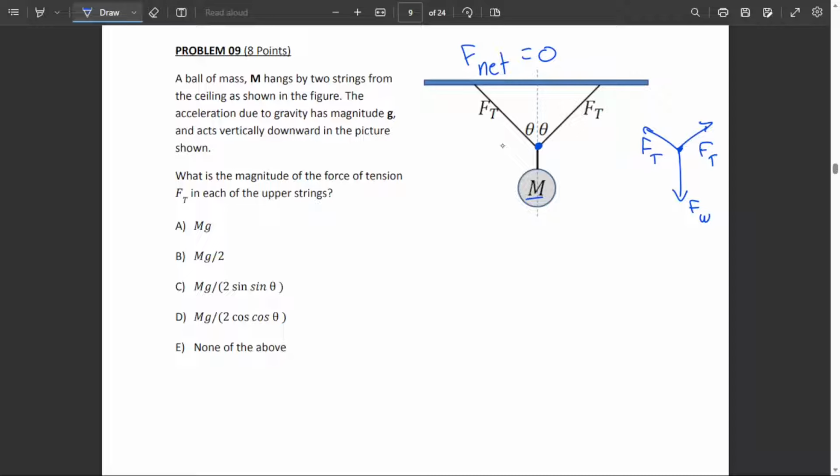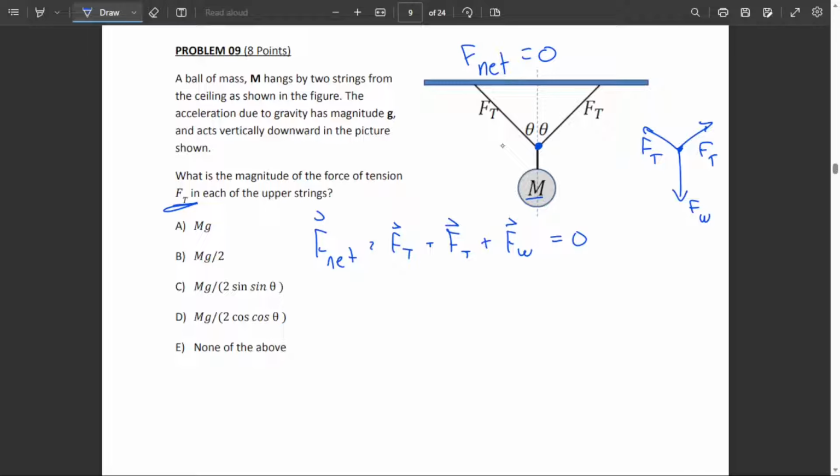And so, because the net force is 0, each of these forces, when we add them all up, needs to equal 0. So, just go write that out. And then all this equals 0. And so, what we actually want to calculate is the tension force.